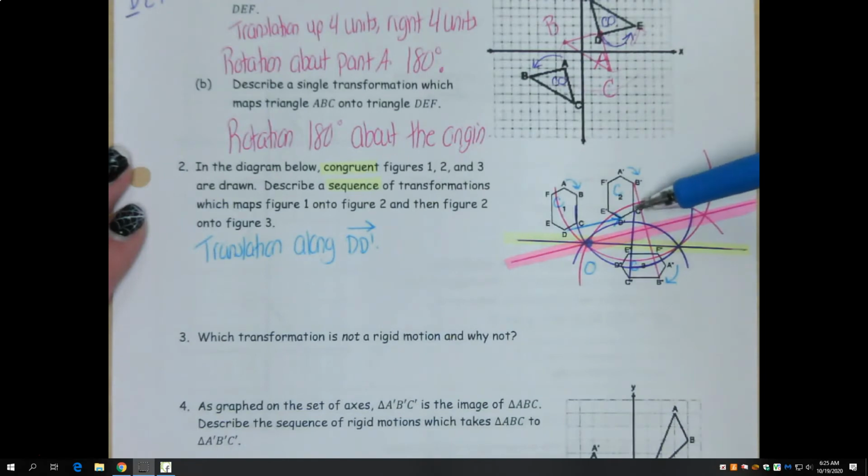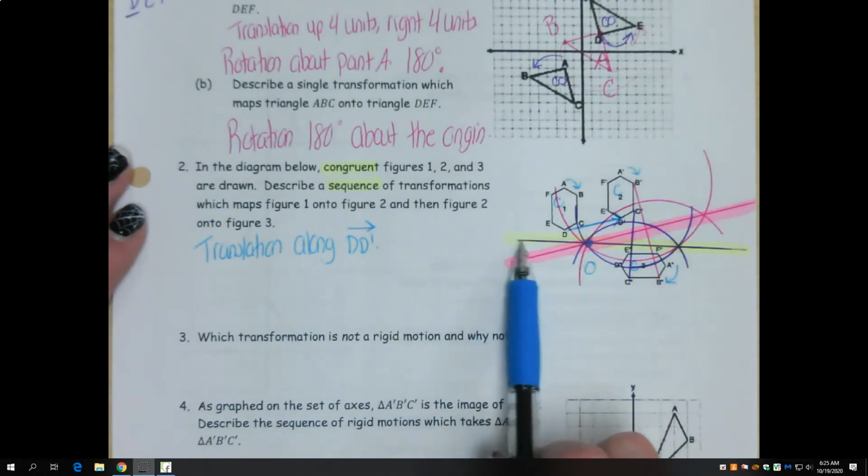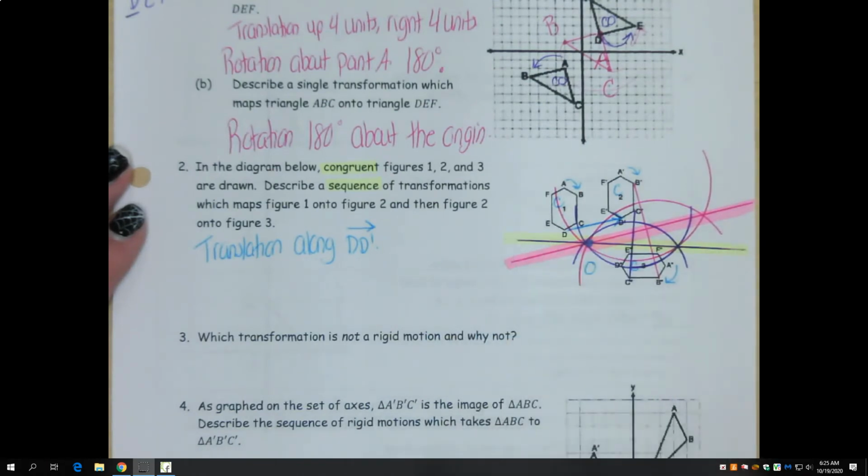I also connected C prime and C double prime, and then made another perpendicular bisector in purple, and then highlighted that line in yellow, just because it becomes very clear to me that's where my highlighters are crossing, so that has to be my center of rotation. I have to give it a letter, so I'm going to pick O, because O is not being used in any of these diagrams.